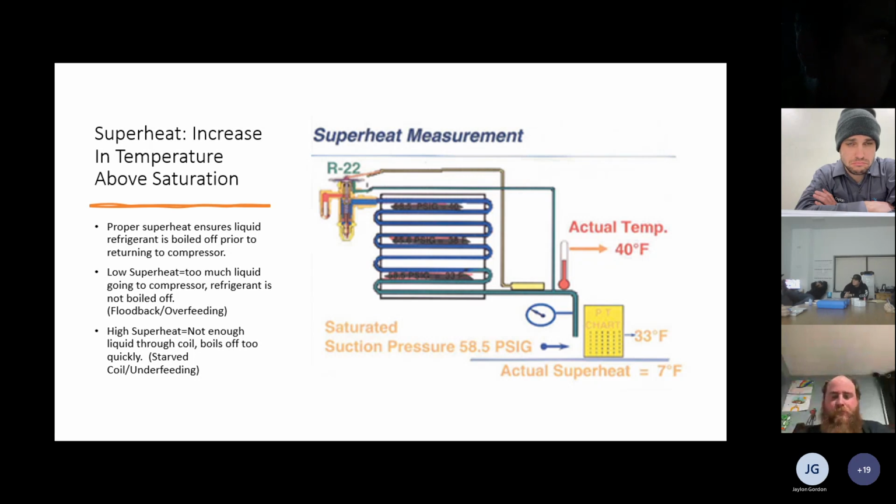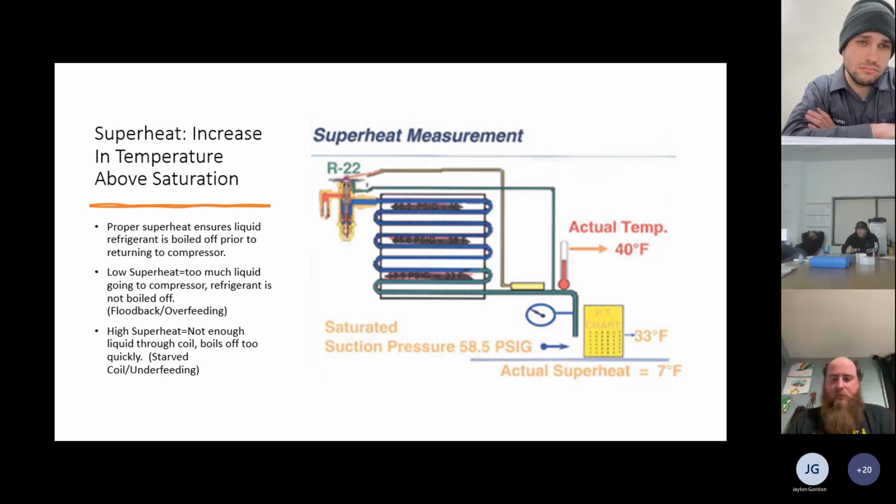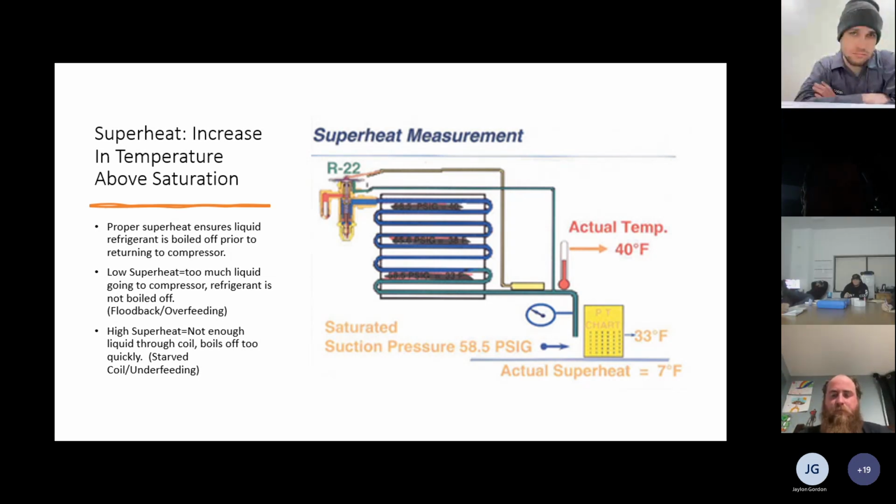You will read negative numbers, but you don't actually have negative superheat. At least that's what I was taught, but that's why we're having this, because I'm sure we're all taught different things. I've never run into that, but if you run into a negative, does that mean it's just 0, or what? What would you say is going on in that situation?